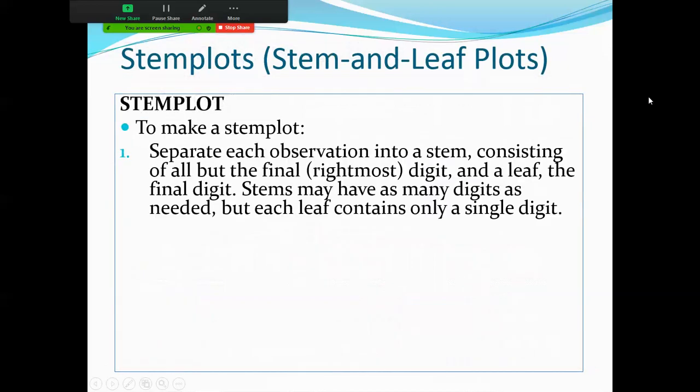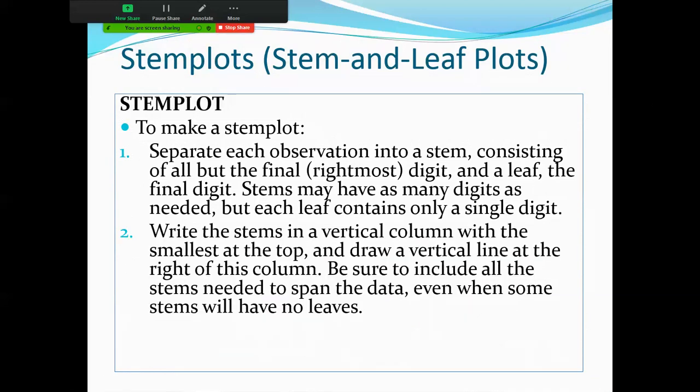To make a stem plot, separate each observation into a stem consisting of all but the final rightmost digit and a leaf, the final digit. Stems may have as many digits as needed, but each leaf contains only a single digit.